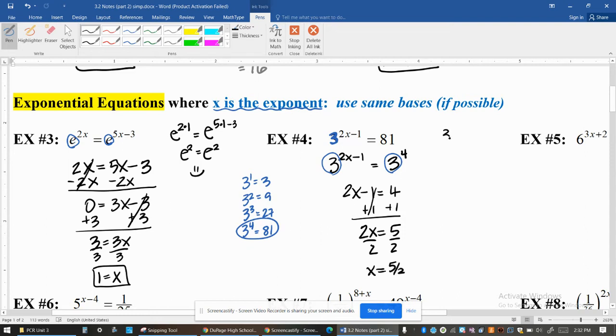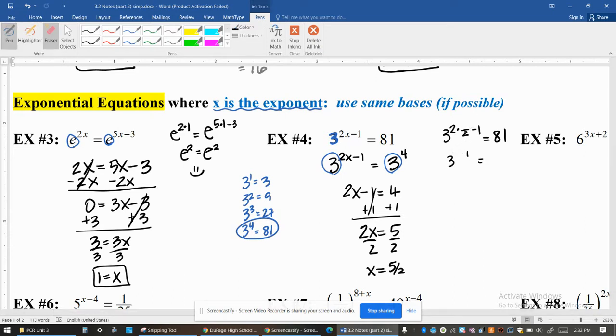And again, you can check your work. So 2 times 3/2 is 3. 3 minus 1 is 2. Where am I? Hold on. Oh, it's 5/2. I'm like, that's not going to work.